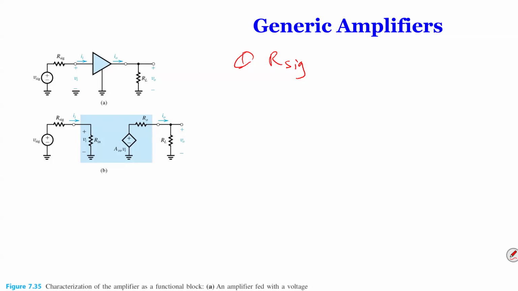Let's do an example. If Rsig is 1 meg, and R pi, we call it Rin here, is 1K, meaning the input resistance of the amplifier is 1K, how much do you think your gain will reduce?